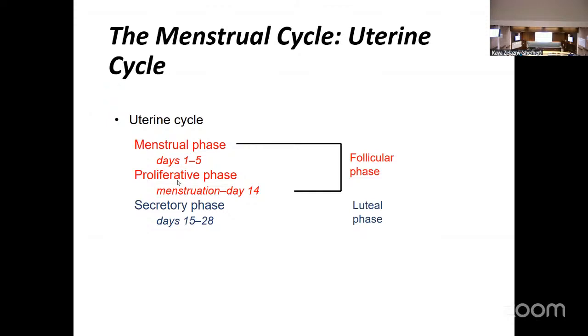And they don't exactly map with the ovaries because there are 3 of them, and there are only 2 phases in the ovary. Okay. But those first 2 parts of the uterine cycle, the menstrual phase and the proliferative phase, are pretty much happening during your follicular phase. And the secretory phase is pretty much happening when the luteal phase is.